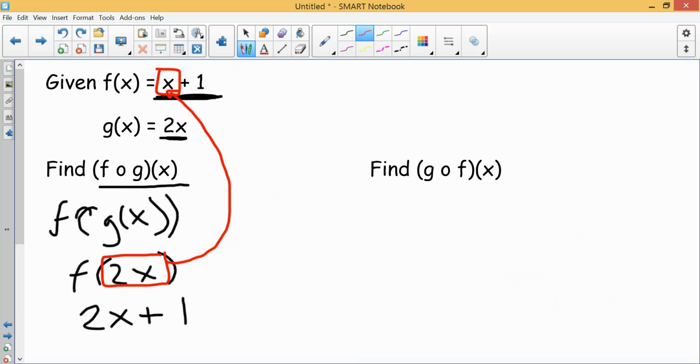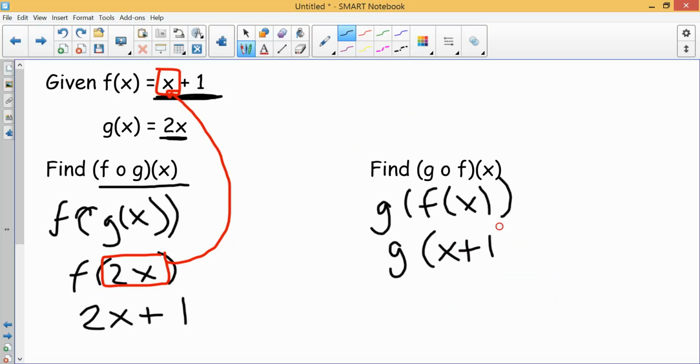If I wanted to now find g of f of x, I would start off by stating g of f of x. I'm going to substitute in my f of x by writing g of x plus 1.